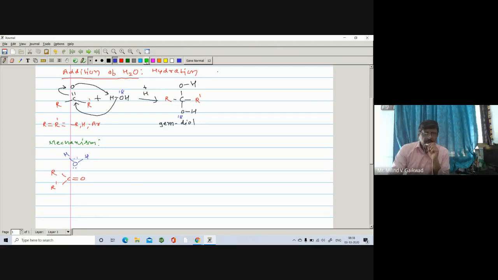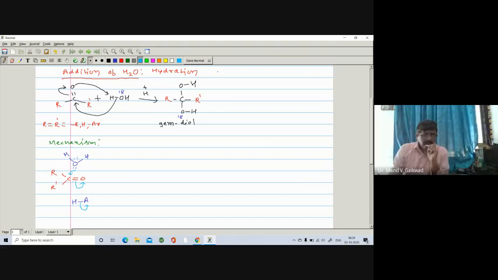Oxygen is more electronegative, so the pi bond will open onto the oxygen. O negative, C positive. So this negative will attack this C positive, right? And here is an acid, HA, that we have used, H plus. So here the sigma bond opens onto A minus and H positive, and this H positive attacks this O negative.